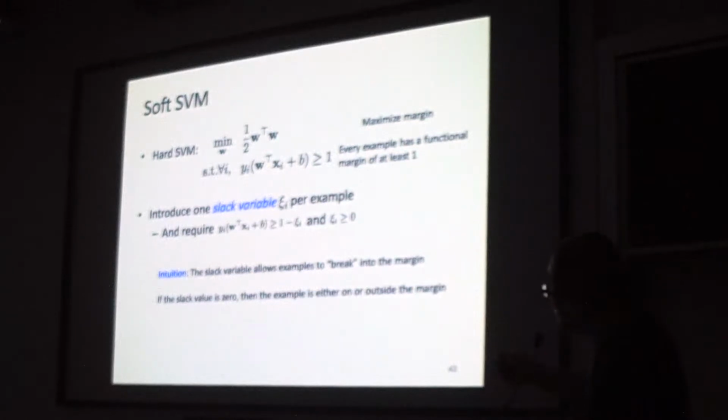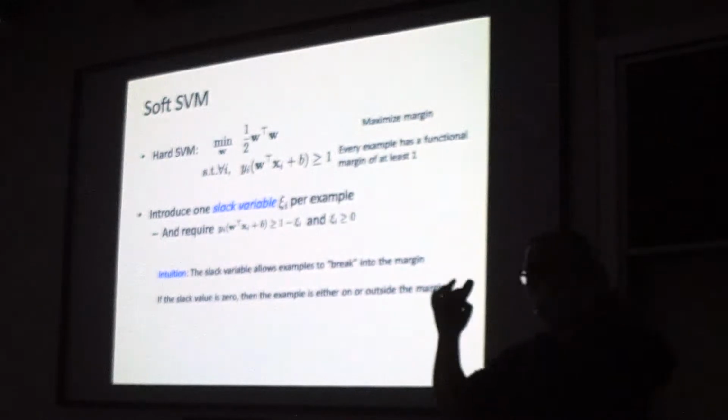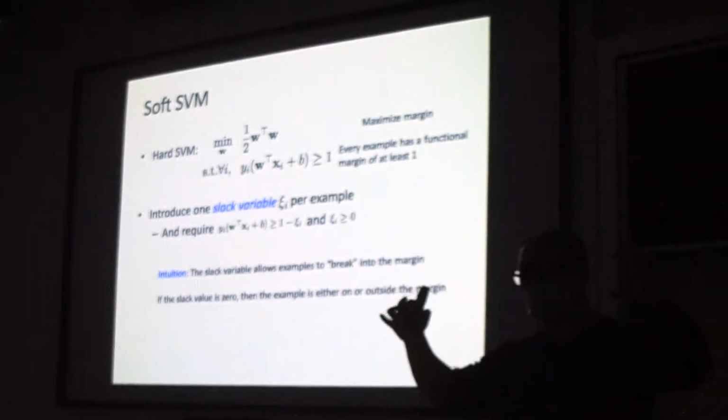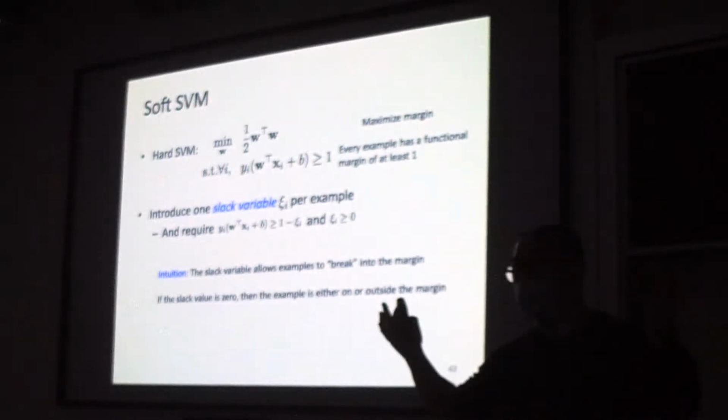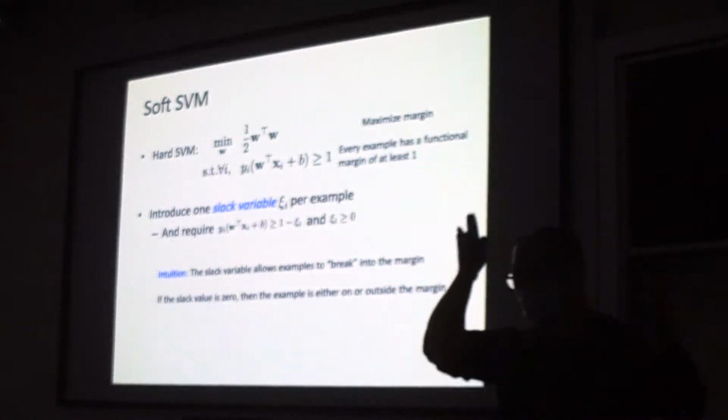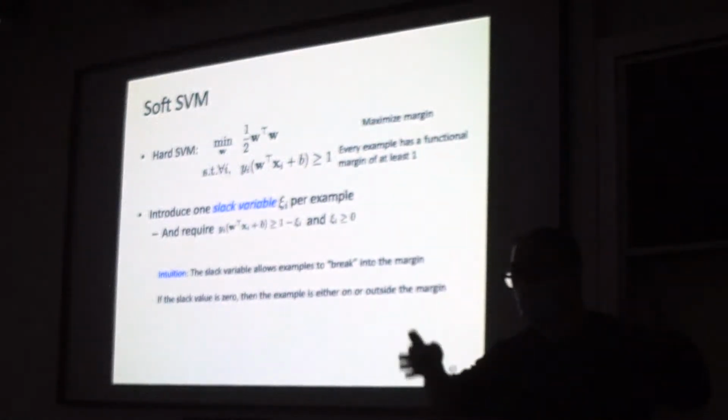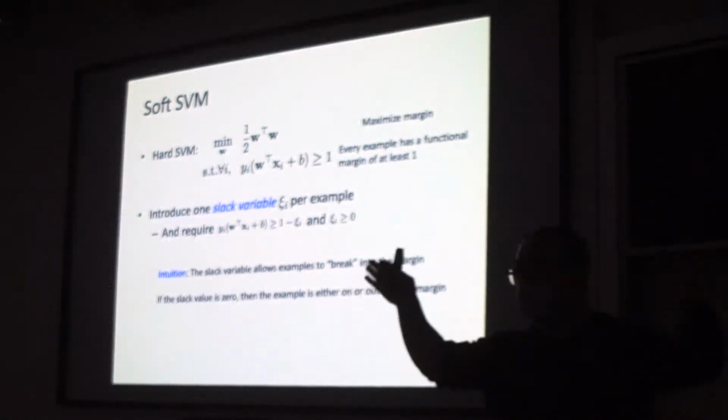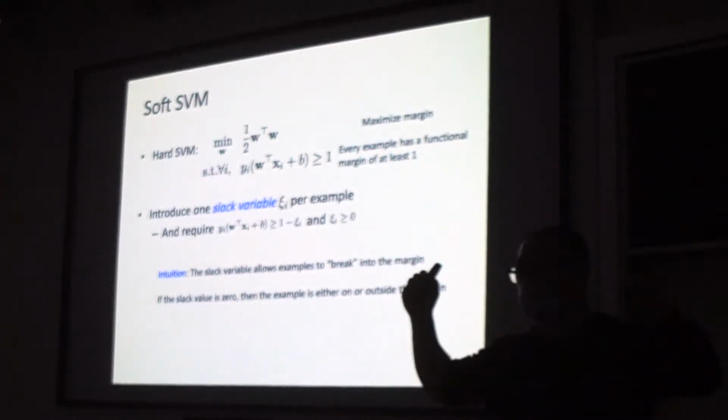Remember, in the original hard SVM formulation, we require every example to be outside the margin, meaning that when we include them in searching for the linear classifier with maximum margin, and when we identify that linear classifier, all the examples must stay on or outside the margin.